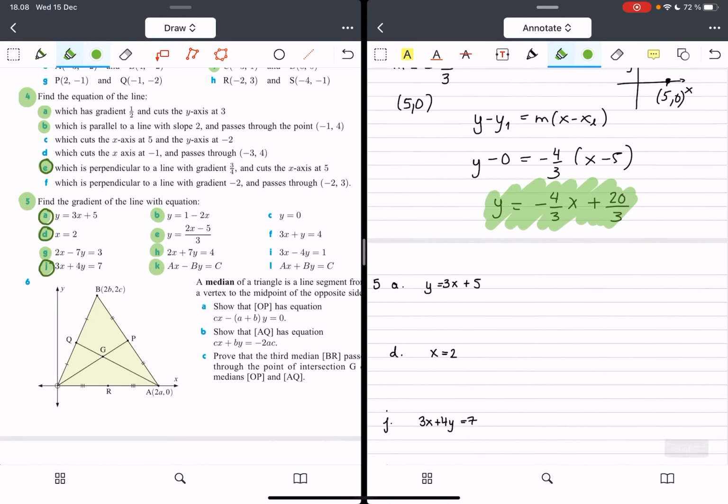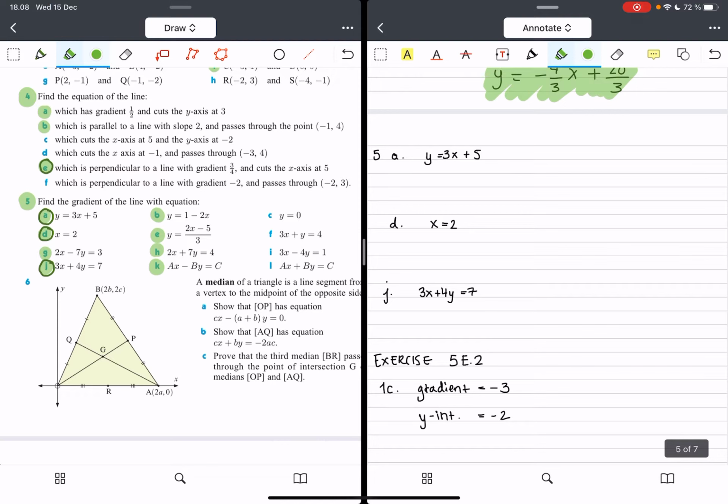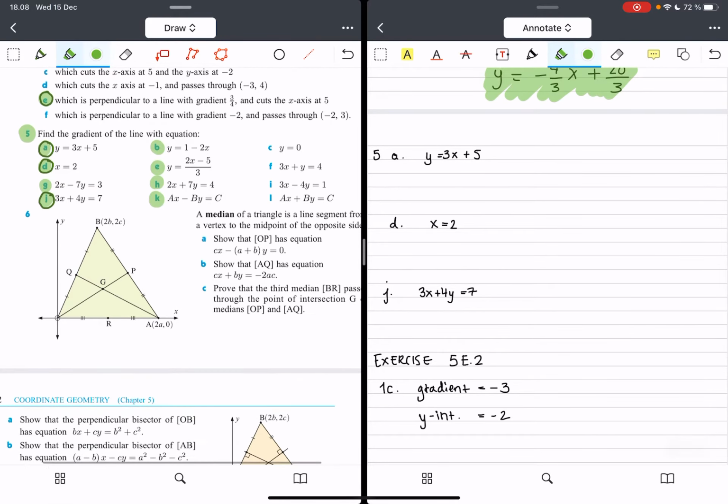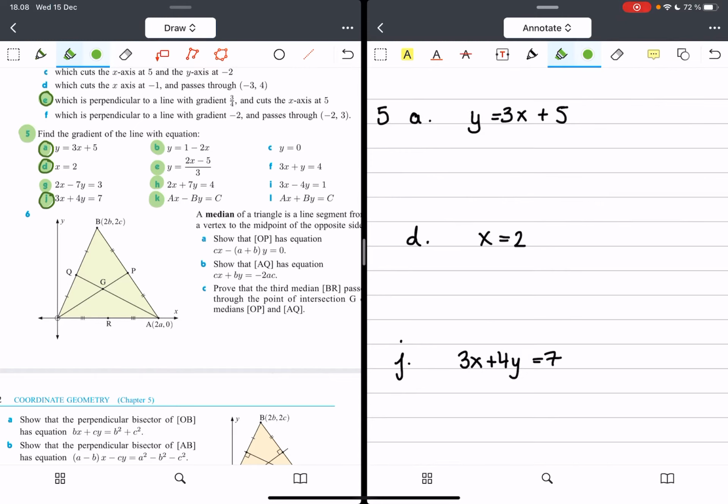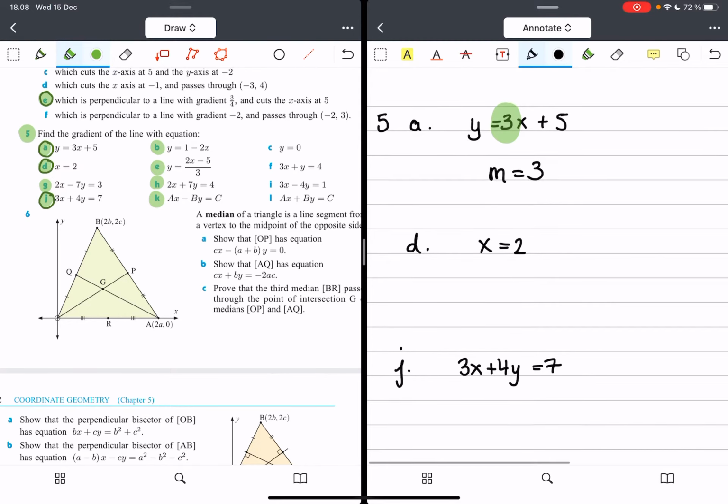Next example that I chose, 5a, you are asked to find the gradient of lines that were given to you like this. The first one is super easy. The gradient on the first one is just 3 because the line you're given is in the gradient intercept form of mx plus c, right? In the second case, x is 2.